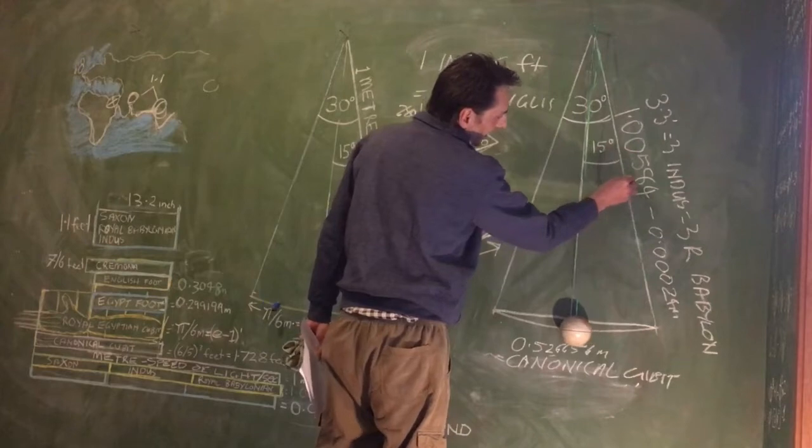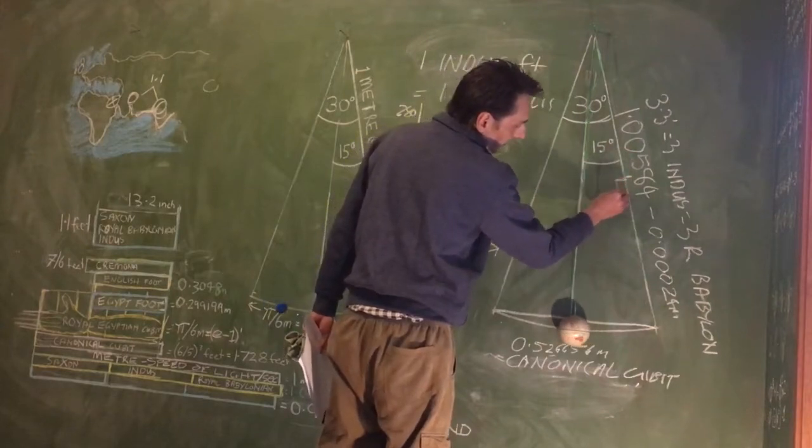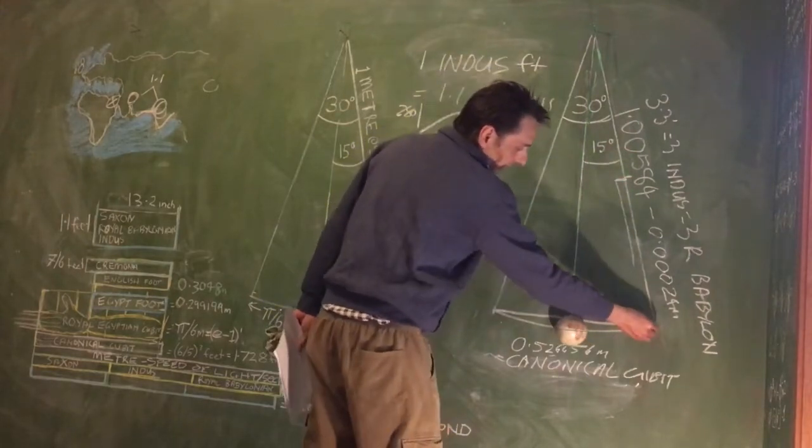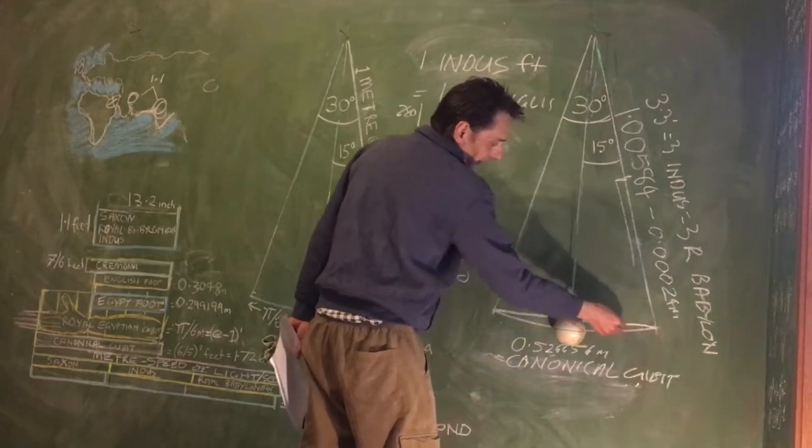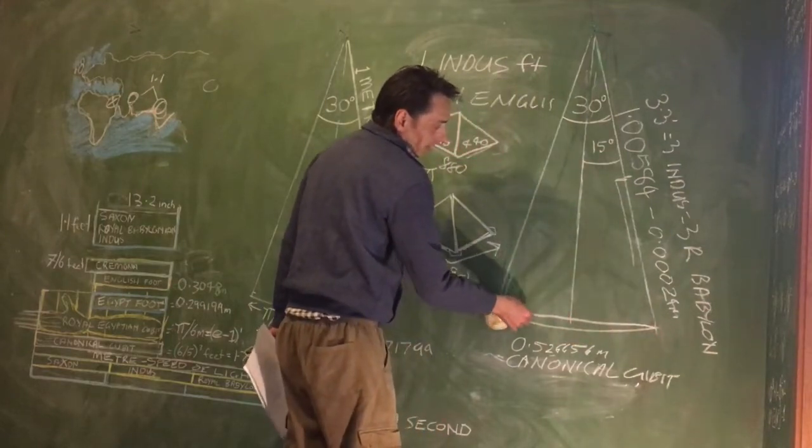Therefore, I just guessed it: half the length of this, just because of the geometry, is going to be exactly the length of that line across.